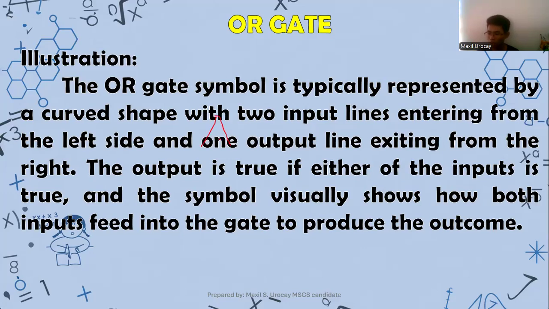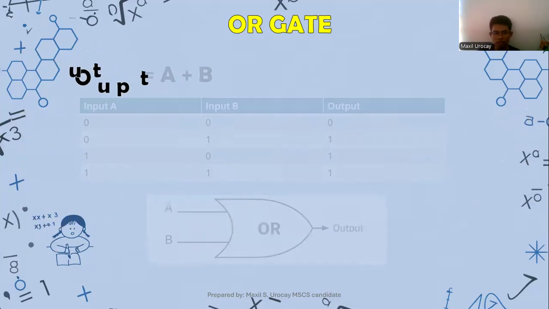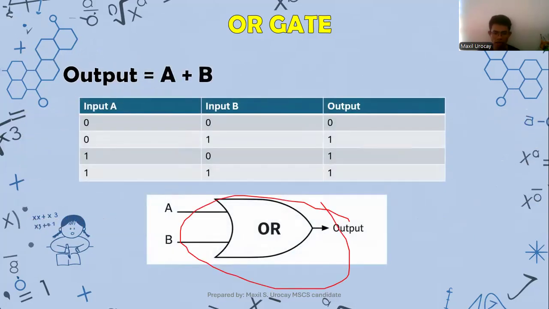Say, for example, we are working with A plus B. It's going to be a curve, and then an arrow, and that is A plus B. So that's how you will work on that.